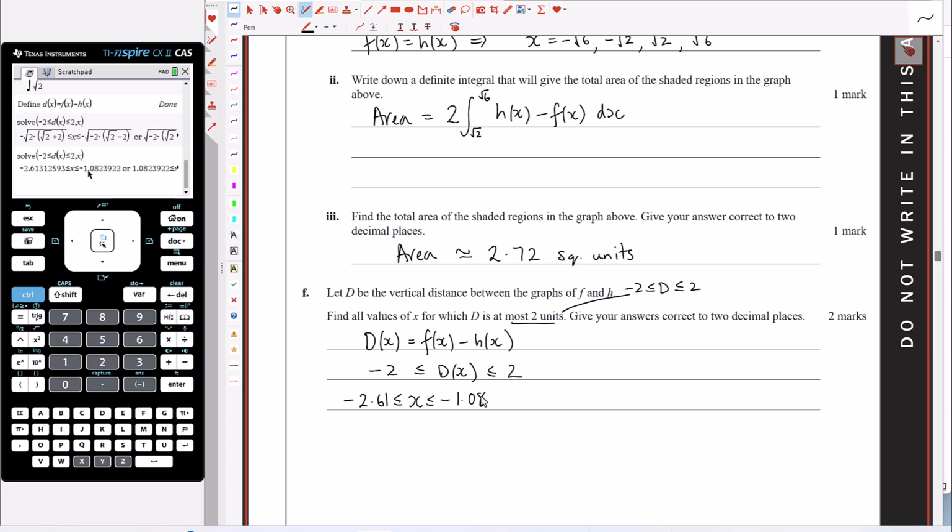Okay, so negative 2.61 to negative 1.08, or 1.08, I imagine it's positive 2.61 on the other side of that. Yep. Less than or equal to x less than or equal to 2.61. Find all values of x for which D is at most 2 units. Okay, so that would be our solution.